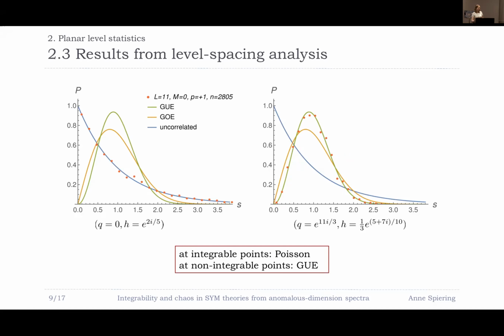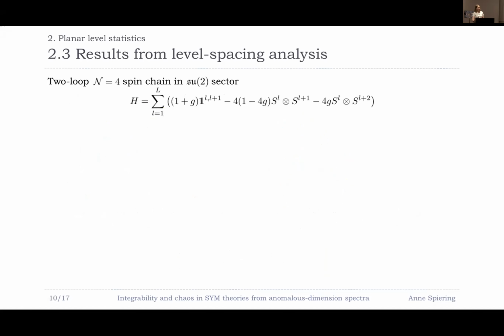Leigh-Strassler spin chain. We also looked at another spin chain in the SU(2) sector. Because for N equals 4, we actually know the dilatation operator not only to one loop order, but also to higher loop orders. So what happens if I take the Heisenberg spin chain and add a small 2-loop contribution, coming from the 2-loop piece in the dilatation operator in the planar limit?